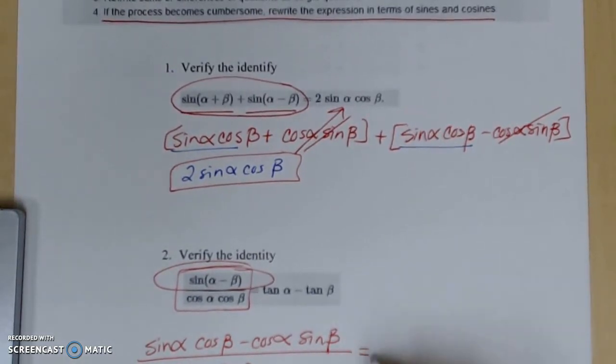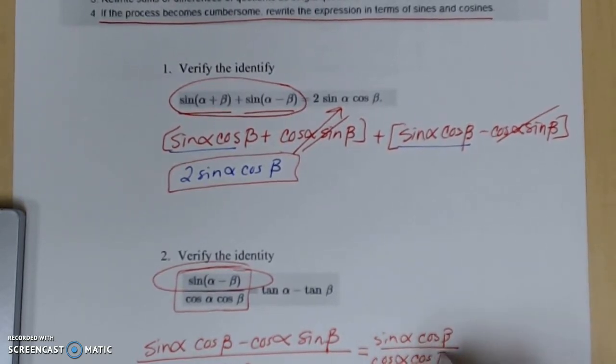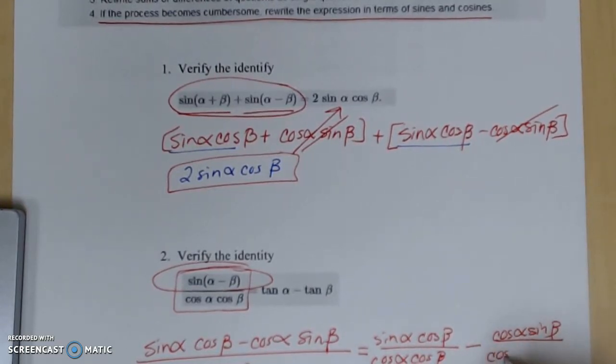Now that's equal to, let's think about this, I'm going to split them up. So I'm going to do this term over the denominator, sine alpha cosine beta over cosine alpha cosine beta, minus this term over my denominator, cosine alpha sine beta over cosine alpha cosine beta.